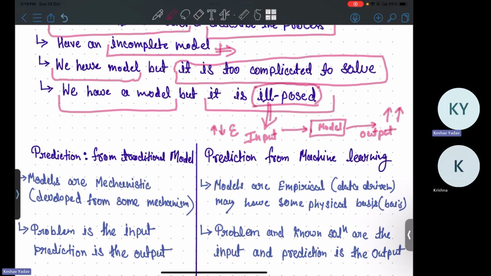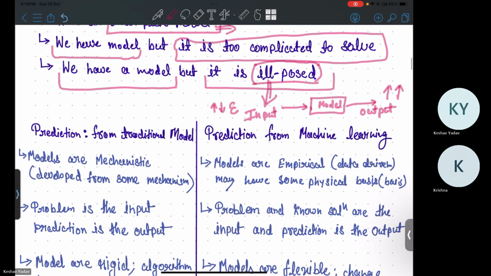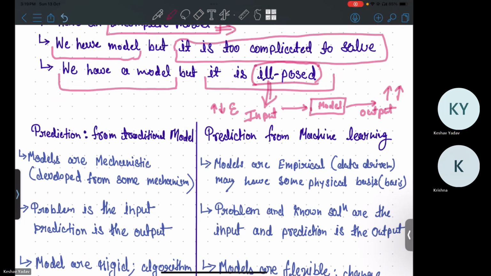Generally, a small perturbation in the input should be reflected as a small change in the output. But if our output changes drastically, then this kind of model is said to be an ill-posed model.